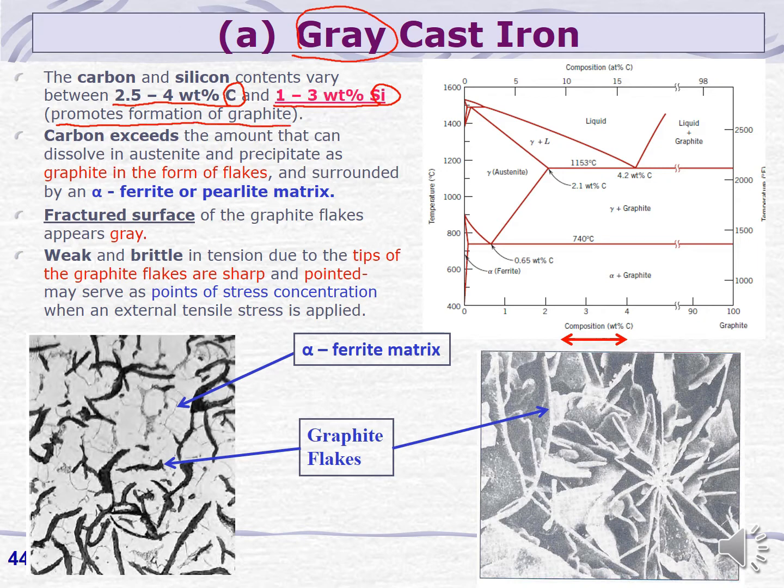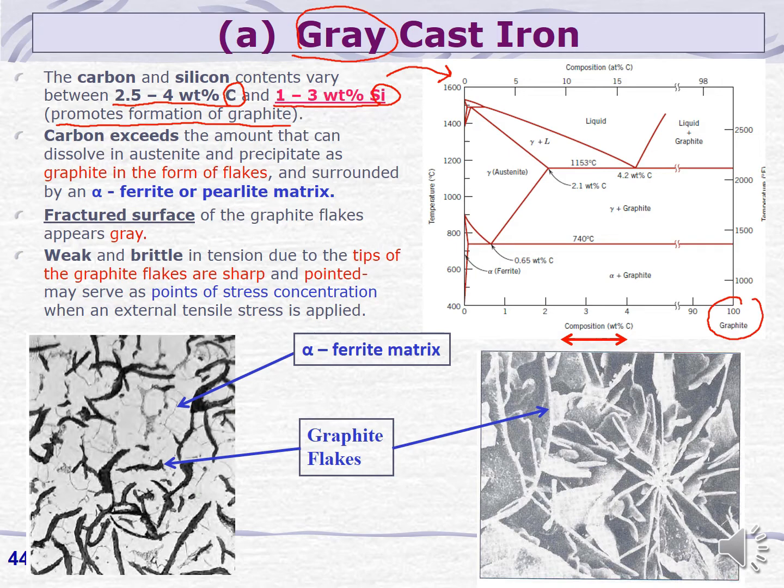That's why we refer to the equilibrium phase diagram of iron-carbon, which extends to 100% carbon.